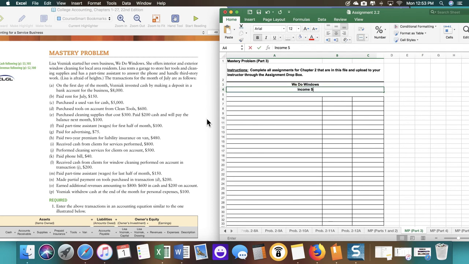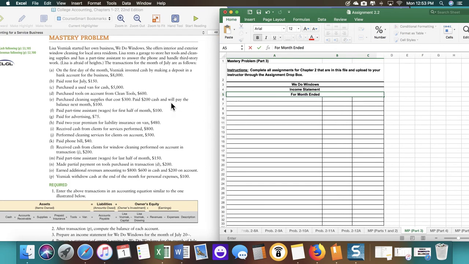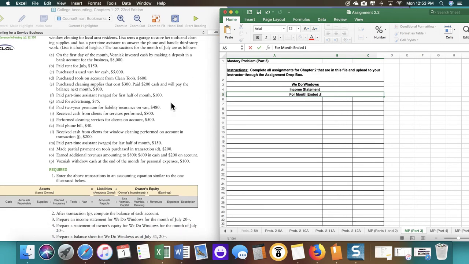This is going to be the income statement for the month ended July.